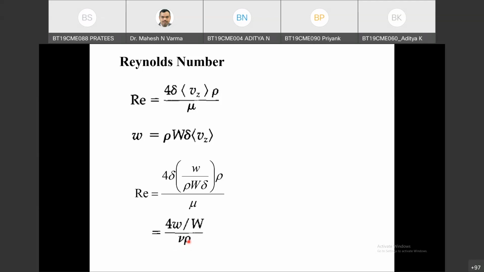Roll number 111. Vipasvi. Yes, sir. What is the mass flow rate you got? Sir, it is 0.204 kg per second.